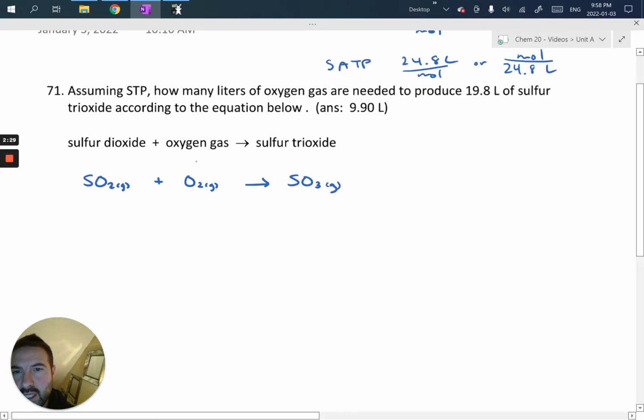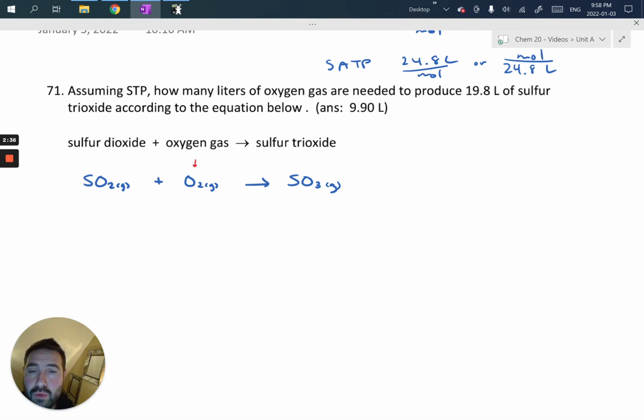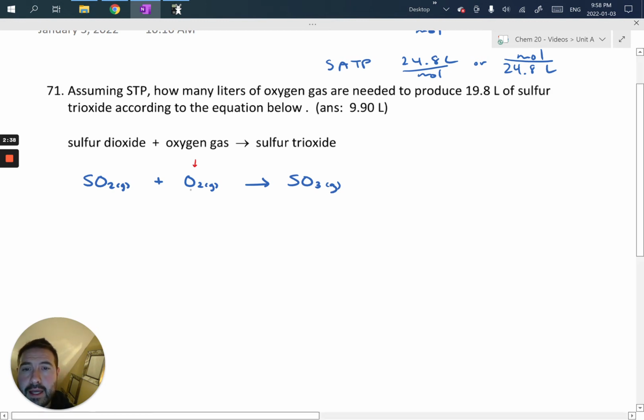In this problem, balancing is a little bit tough. What I like to do is, I have oxygen by itself here, just like a combustion reaction, so I'm going to leave that till last. I see that I have 4 oxygens on the left here, and I have 3 on the right. I need to get this to an even number, so I'm going to put a 2 in front of here. That's going to give me 6 oxygens on the product side.